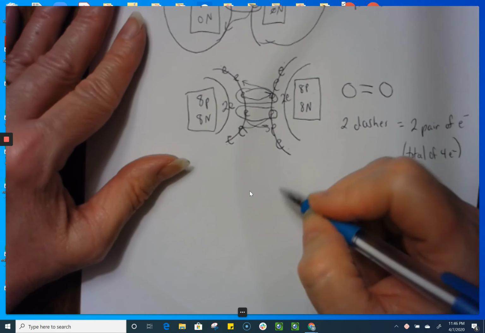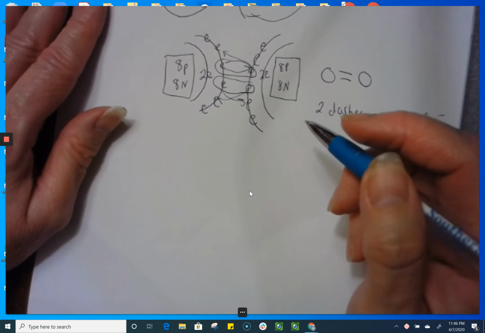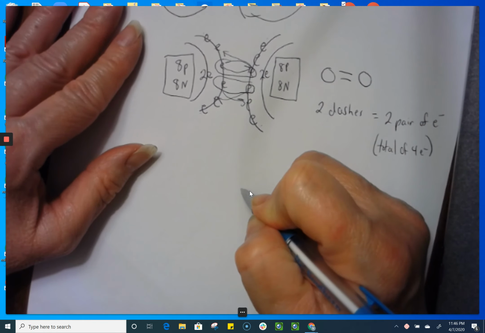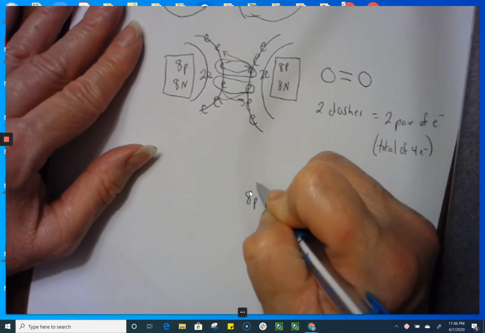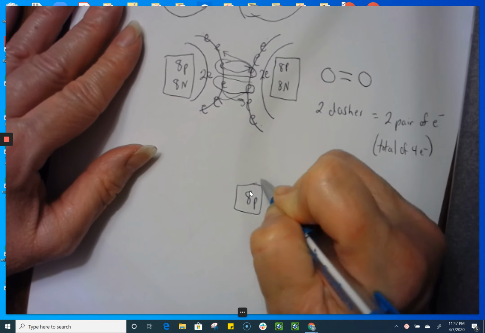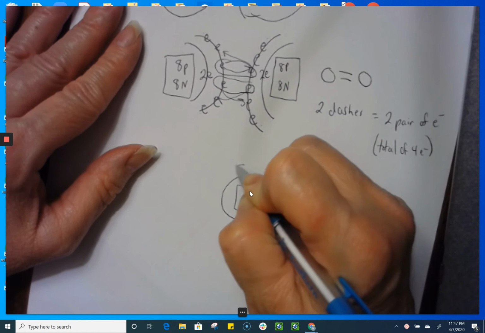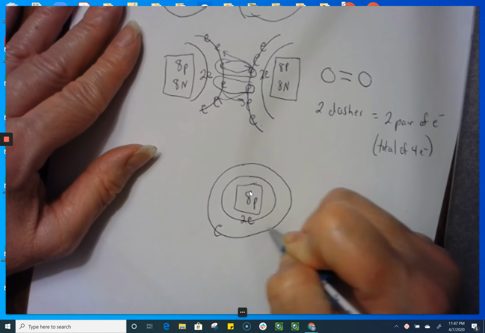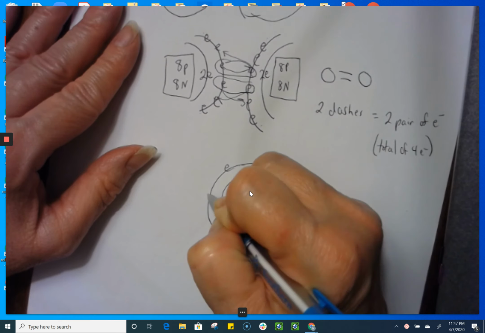Now, to talk about water, because water is really important to living things, just to show you how this works. Oxygen, once again, has 8 protons. We'll have 2 in the first energy level, and then it'll have 1, 2, 3, 4, 5, 6.